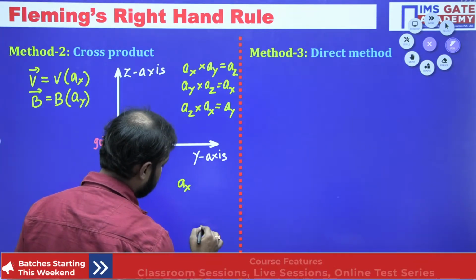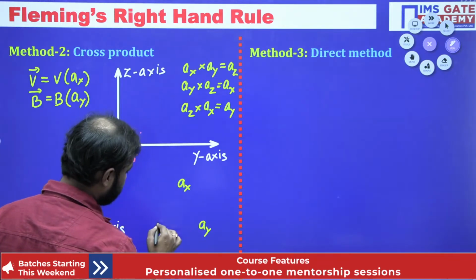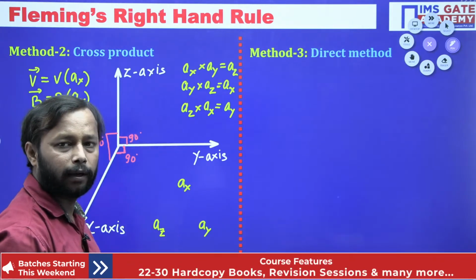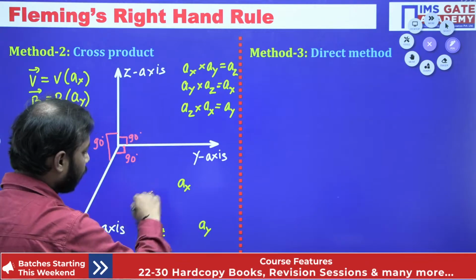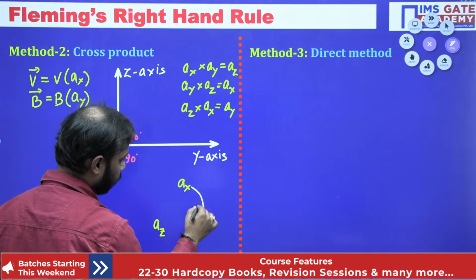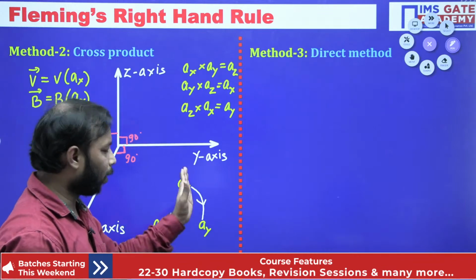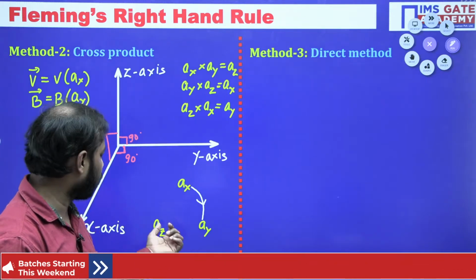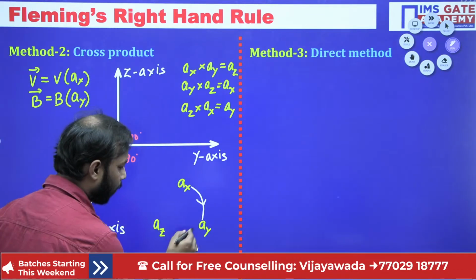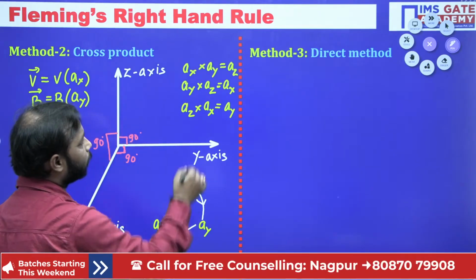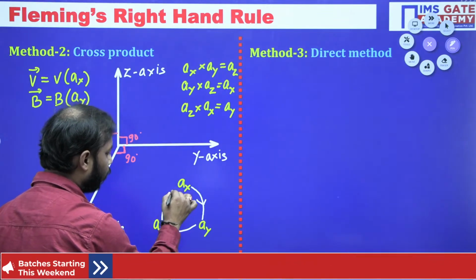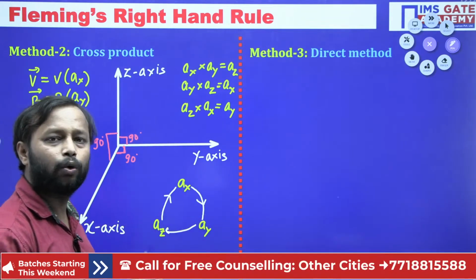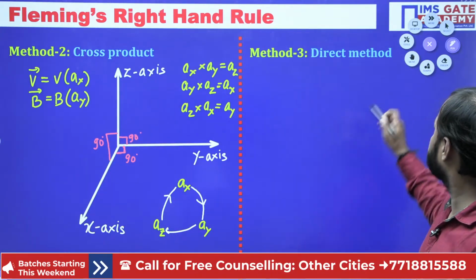Write AX, AY and AZ like this, and rotate or move in the clockwise direction. So you come with two axes, AX and AY, and you are left with AZ. So AX into AY gives AZ. Similarly, AY into AZ gives AX, and AZ into AX gives AY. In this way you can remember the shortcut.